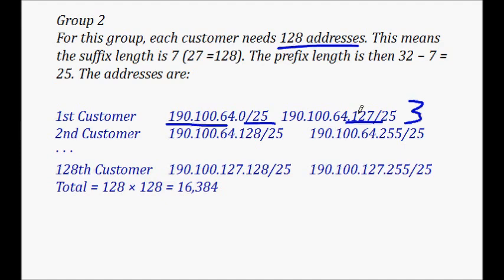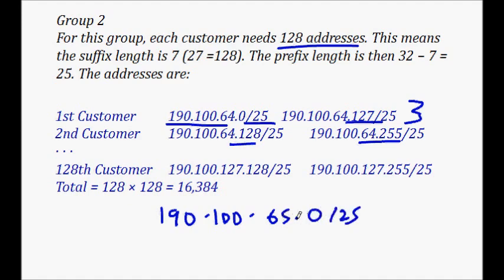Next, we still have space for another 128, so it will be 64.128 till 64.255. This is the second customer. What will be my third customer? It will be 190.100.65.0/25, and this will go until 65.127/25.